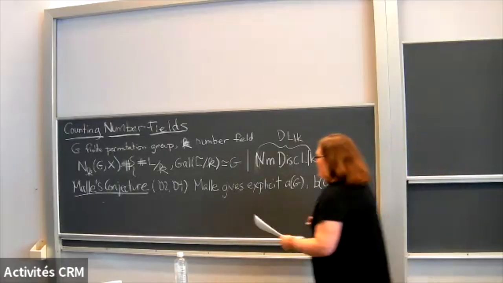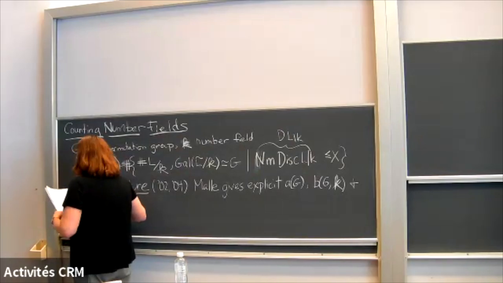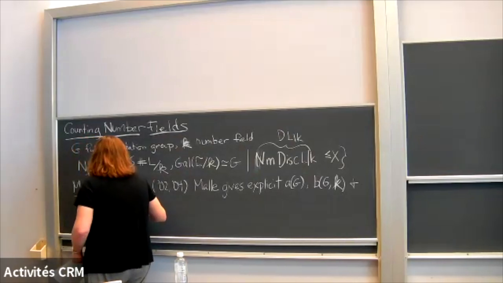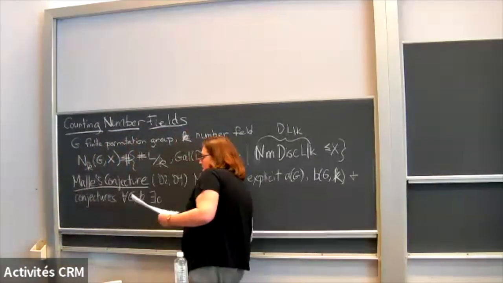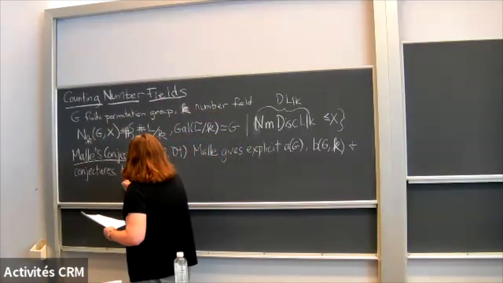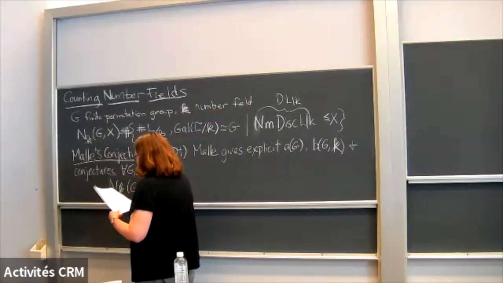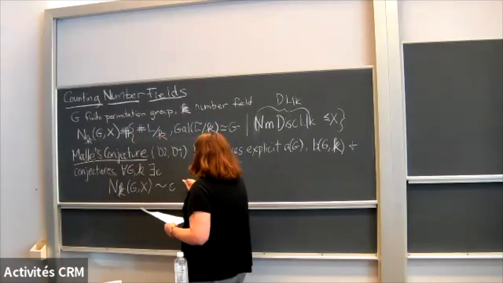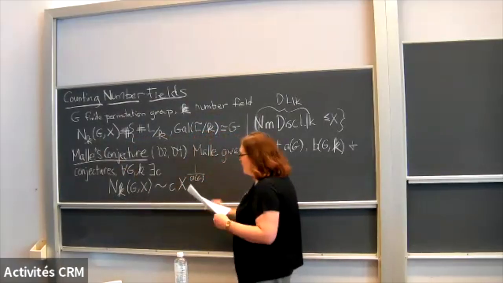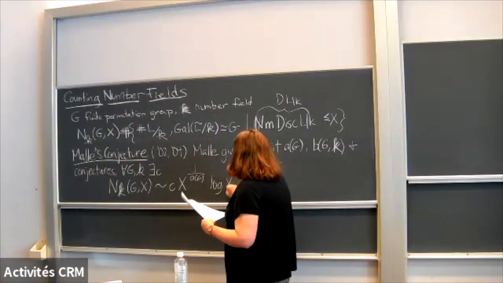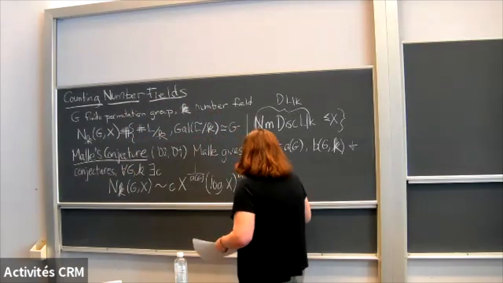Then after he writes down those explicit functions, he conjectures that for all such G and K, there exists a constant C such that this counting function of G extensions is asymptotic to a constant times a power of x as he's specified and a power of log x as he's specified.